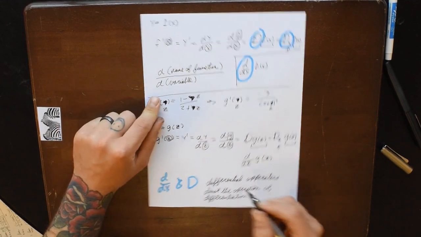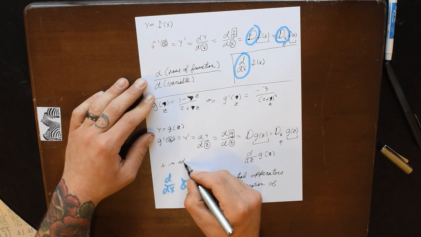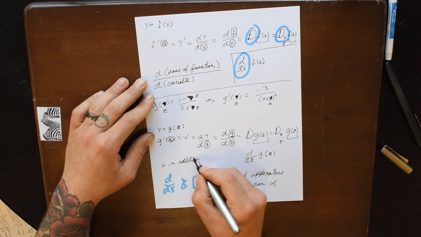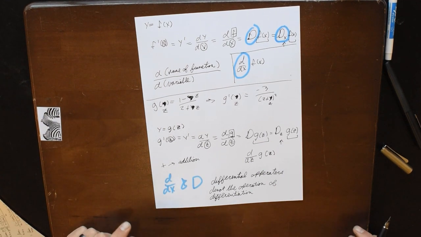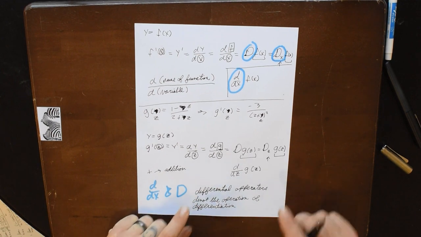So kind of like how we say the plus symbol denotes the operation of addition, or the minus symbol with subtraction, d dx, or D, denotes differentiation.